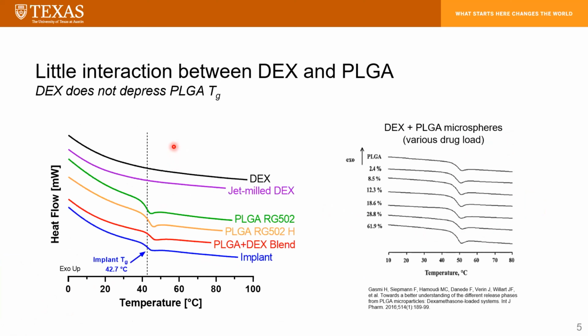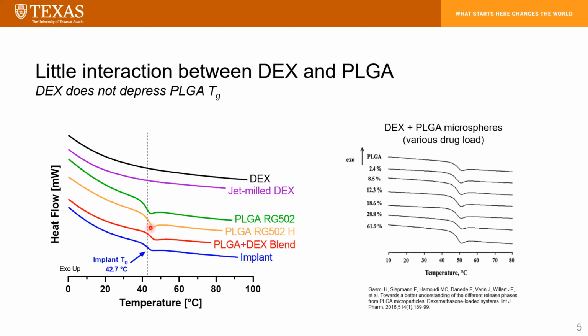Now, we realized dexamethasone and PLGA have very poor miscibility at elevated temperature. Actually, dexamethasone doesn't dissolve in PLGA during the process. One thing we also observed is that the extruded implant has a similar Tg as the raw material itself.